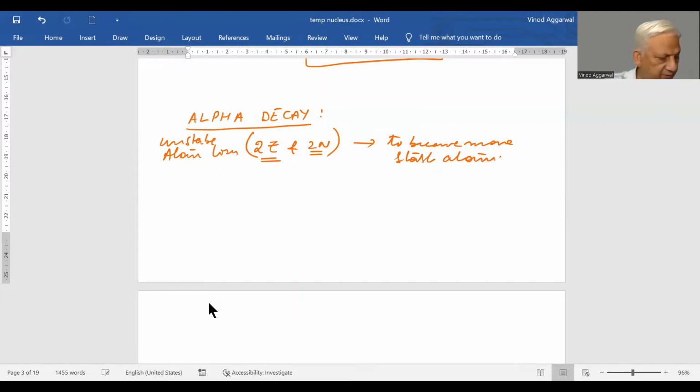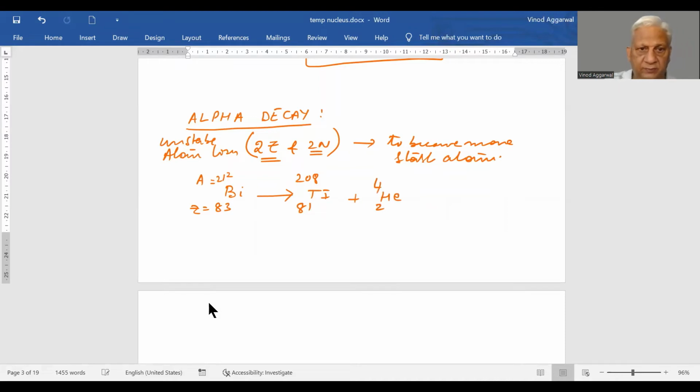what happens in between is, let's see, as an example, we take bismuth, which is Z equal to 83 and A equal to 212. It can break to thallium 208 plus helium, which is 4.